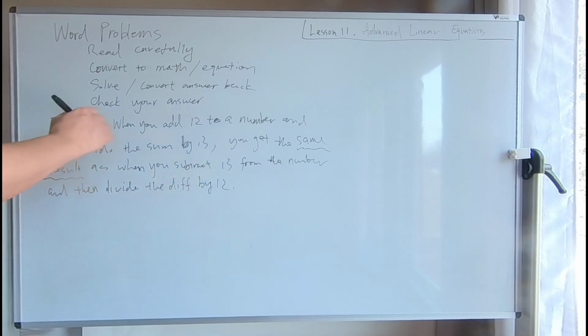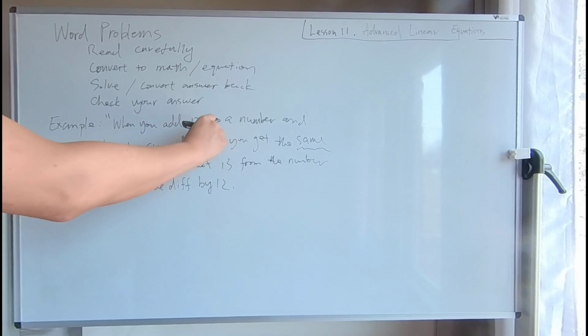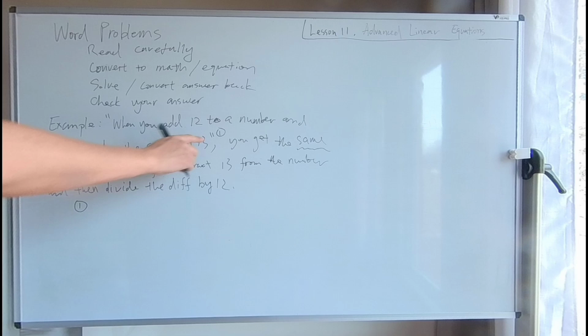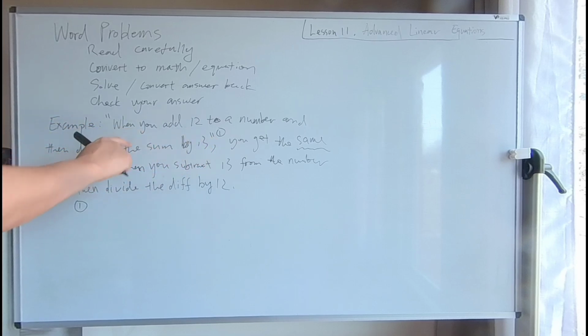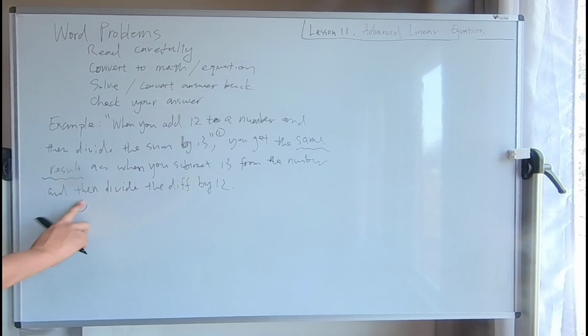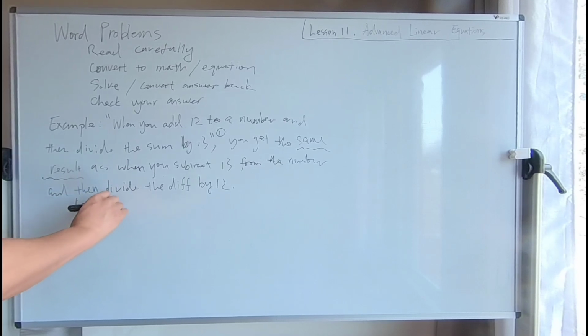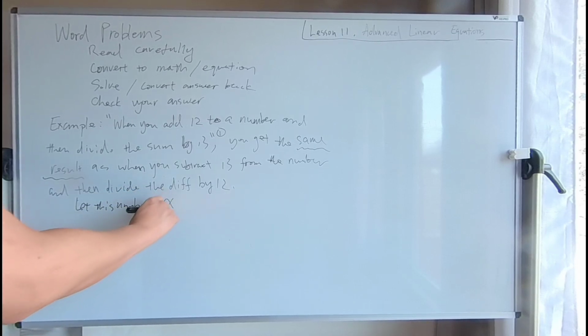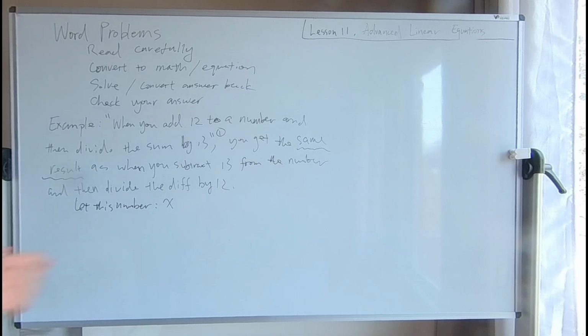So first, I have one expression. From this statement, I'll get one expression. First, we need to assign a variable to the unknown. Let this number be x. This is the unknown that we want to solve.